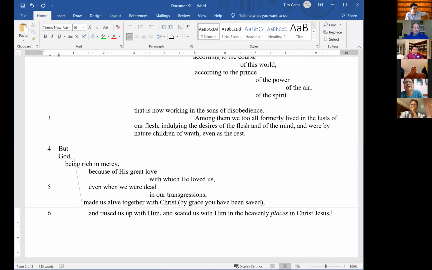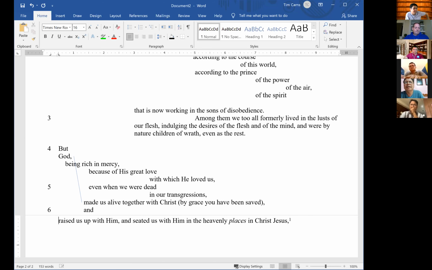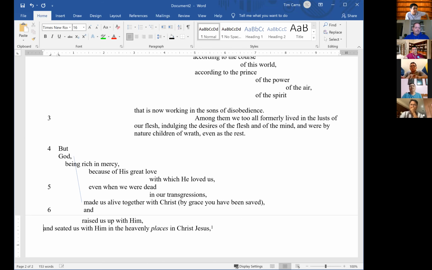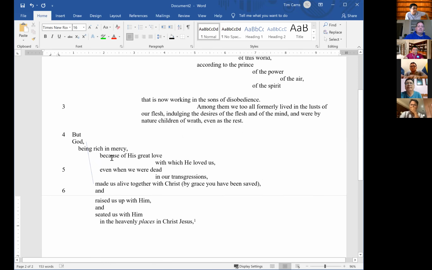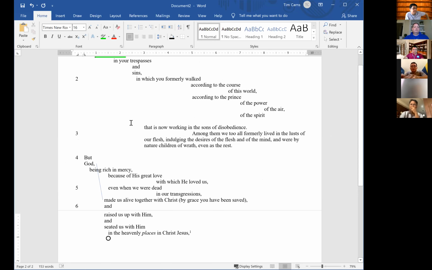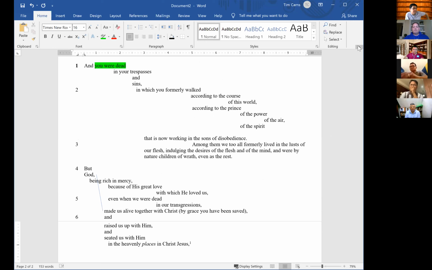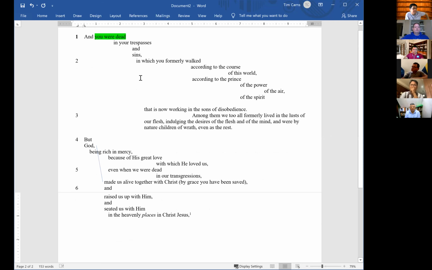And how? Raised us up. And seated us. Okay, so now we begin to see the structure of this passage just by understanding the grammar and how diagramming works.